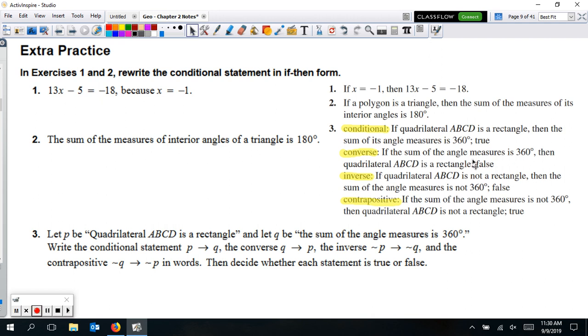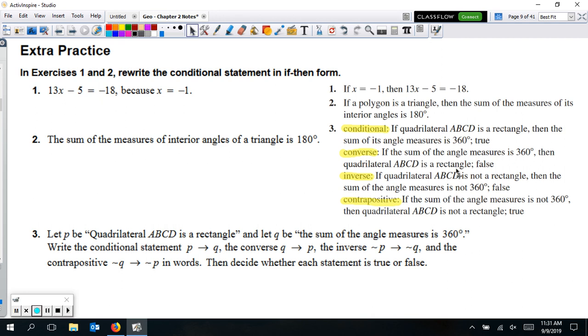And it does ask us whether it's true or false here. So write the conditional statement, then decide whether each statement is true or false. The first one was true, but the second one, when we switch it, notice it's a false statement. Why is it false when we change the hypothesis and conclusion? Well, because the sum of the angle measures is 360 for all quadrilaterals, not just a rectangle.